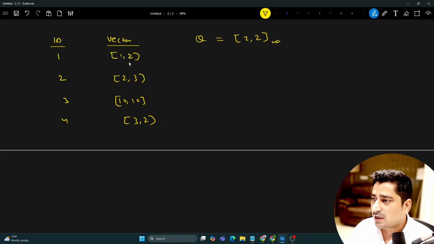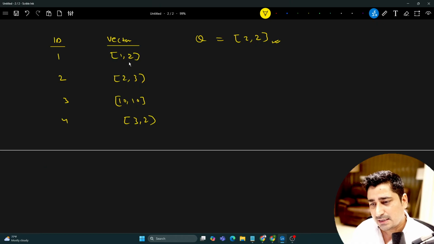Now, how is it going to perform this query search operation inside the existing data set that you have? First of all, it is going to store this entire information by creating indexes.